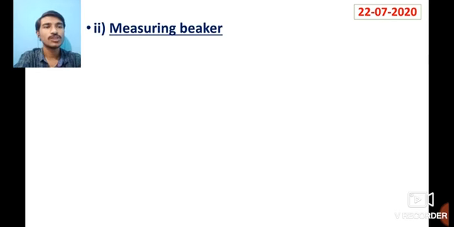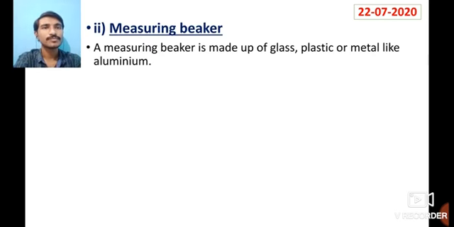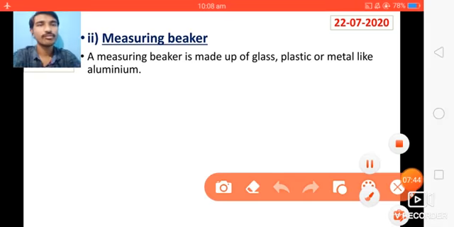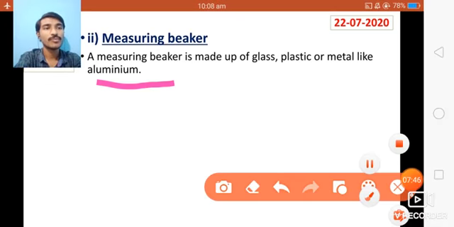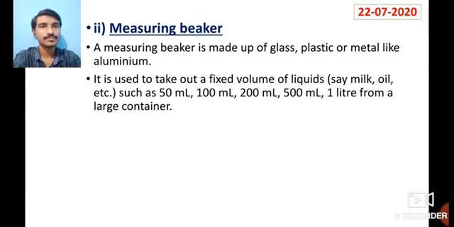Now we will move on to the measuring beaker. A measuring beaker is made up of glass, plastic or a metal like aluminum. The cylinder was made up of glass or plastic, but a beaker can also be made up of aluminum, apart from glass and plastic.